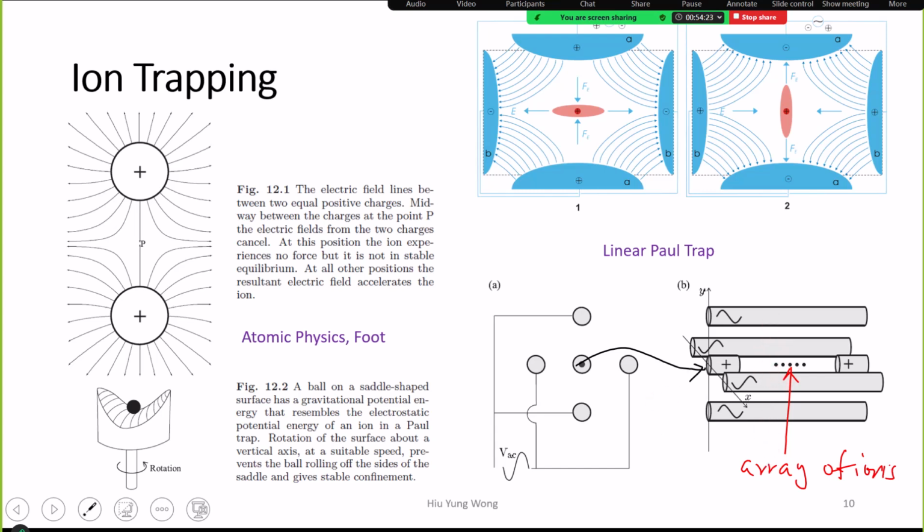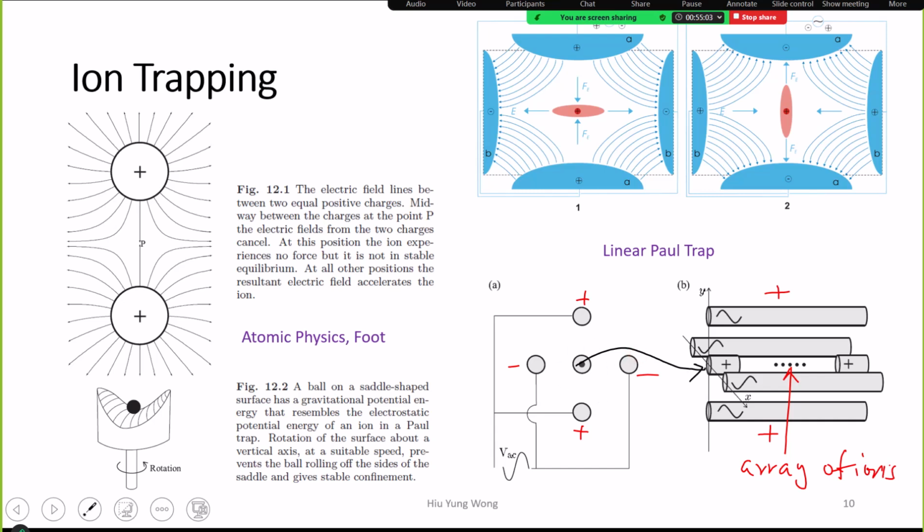So what do you do? You will have 2 pairs of electrodes. One pair, maybe this is plus, and this is minus. Based on the theory here, when this is plus, it's not going to go up, but it's going to go into the screen, meaning in this direction laterally. Make sense? If I have the positive ion here, and this is plus and this is plus, it will be squeezed laterally.